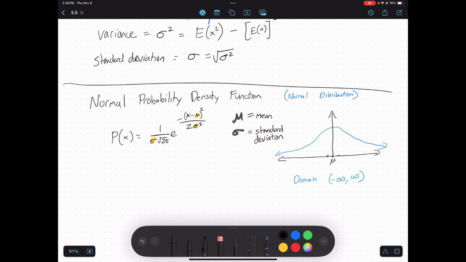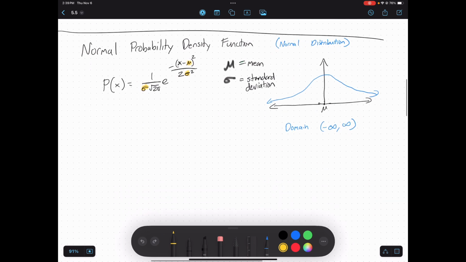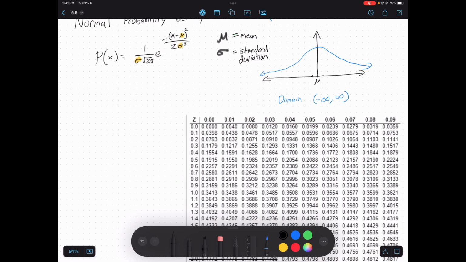Meaning I can't use all the concepts that we just learned in 5.4 in order to find my probabilities. So instead, what we need is a calculator. We need a high-powered calculator to do this for us. And so whenever you work with the normal distribution, you'll often see something like this. This is what's called a z-score table.